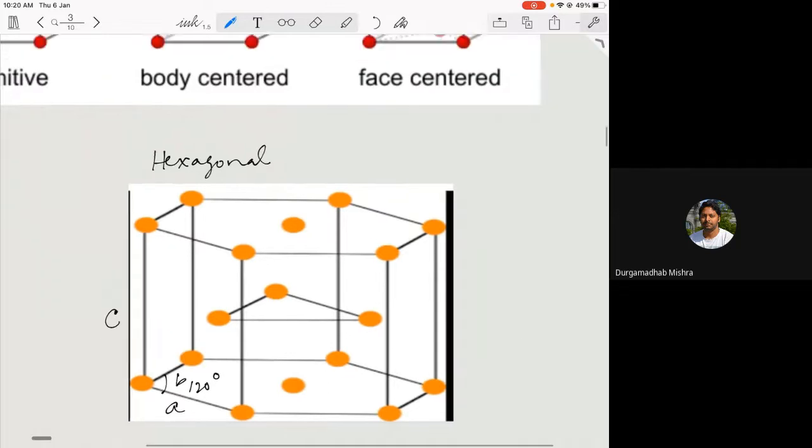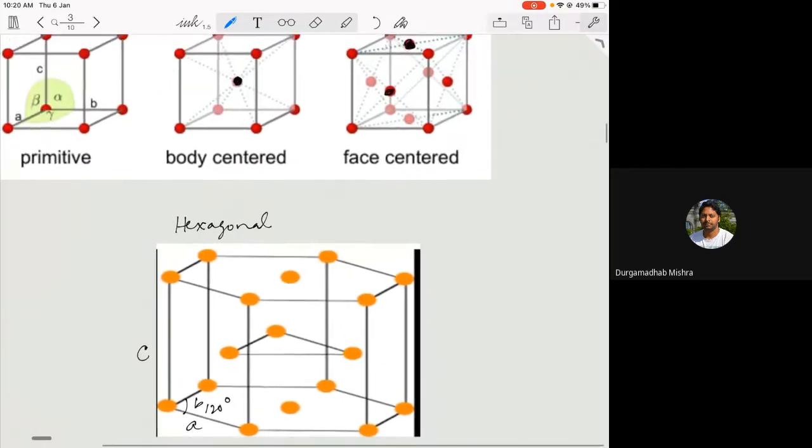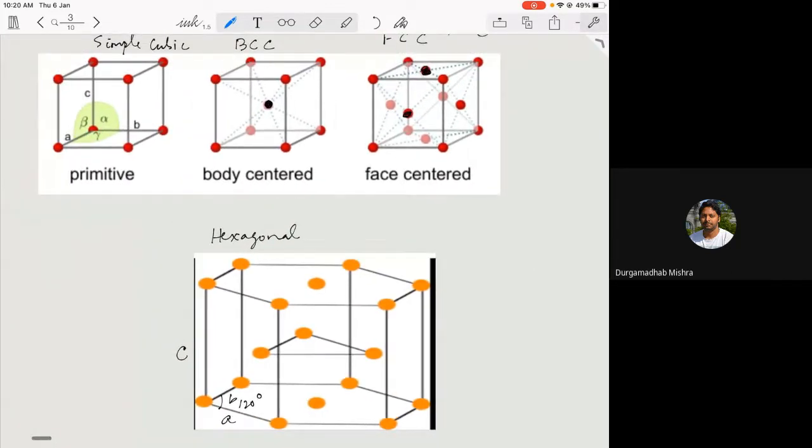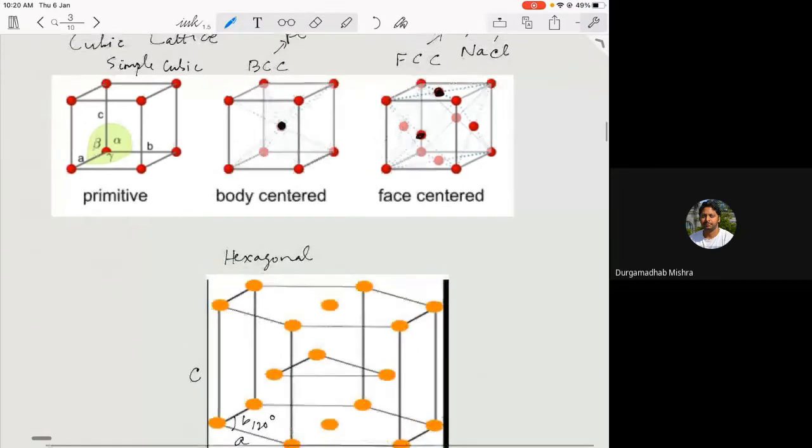So now you can see you have these different types of arrangement of atoms or different geometries. So how do we then distinguish these geometries? And these are basically what we are representing here. We are not representing the whole crystal, but only a unit cell.